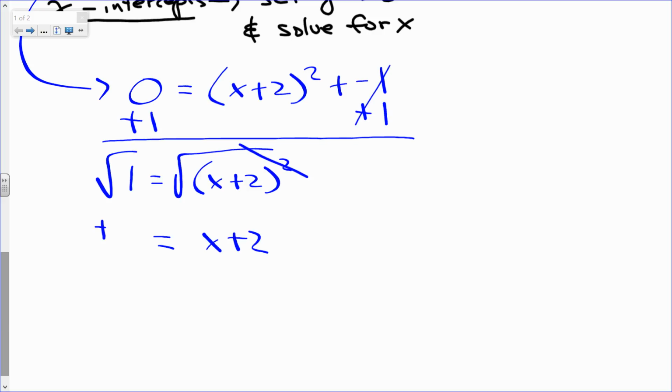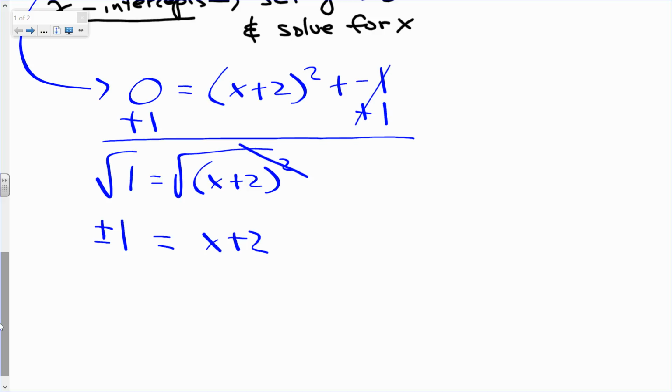So this becomes positive and negative 1. Because 1 times 1 is 1. Negative 1 times negative 1 is also positive 1. So we got two roots there. Think logically here. 1 times 1 is 1. Negative 1 times negative 1 is also 1.